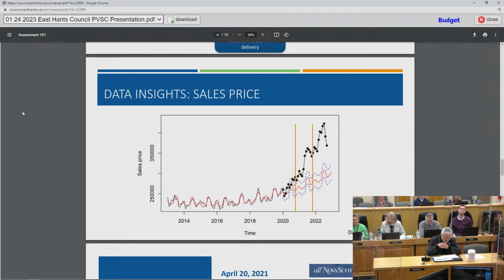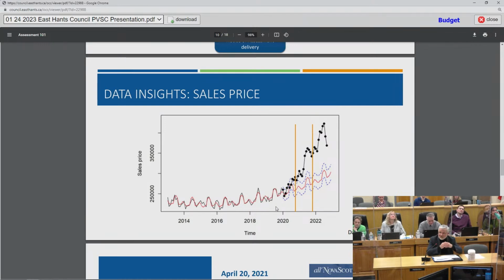So the black line, if you can see it at the bottom, there's a black and red line at the bottom. It starts over in 2013, 2014, where you see that date. That line represents the historic pattern of sales prices in Nova Scotia from 2013 onward.